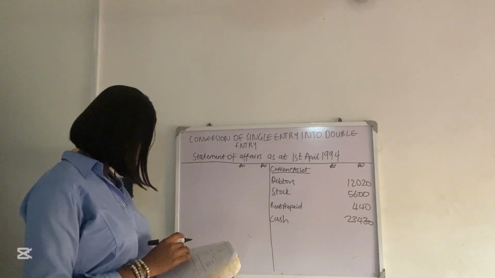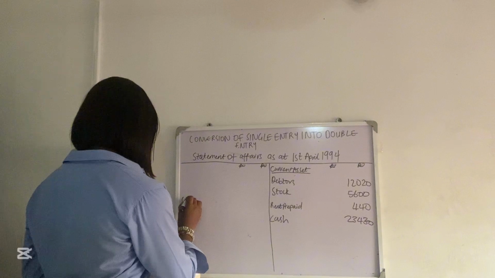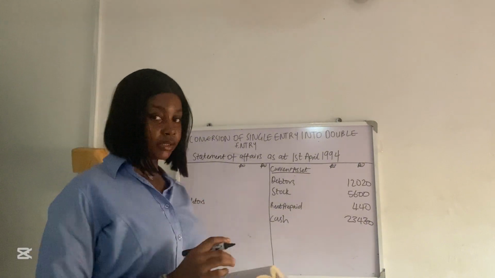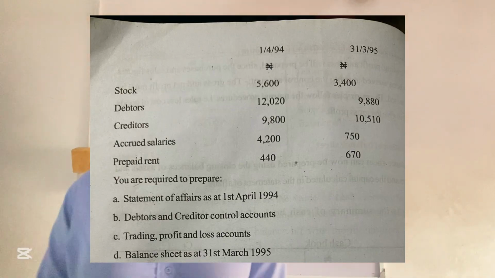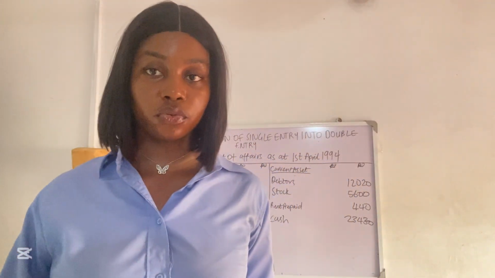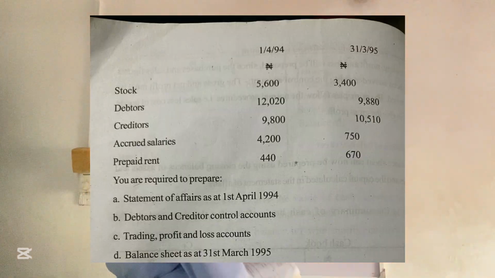Alright. Now to the liability side, we have creditors. Our creditors in the opening balance side, the one under 1,494, is 9,800. We all know the format for the statement of affairs. We did this. Obviously, it's only the control account we've not done. So 9,800.